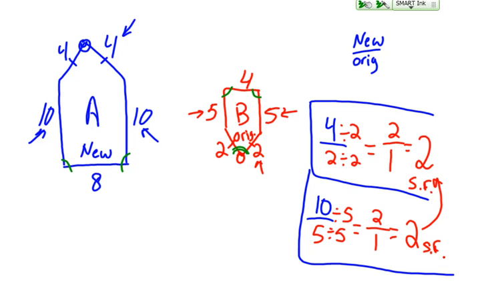And this angle measure here is going to be the same exact angle measure as that one there. And so obviously these are going to be the same as these ones here. So is that shape similar? I would say yes. They share the same scale factor and all their angle measures are the same.